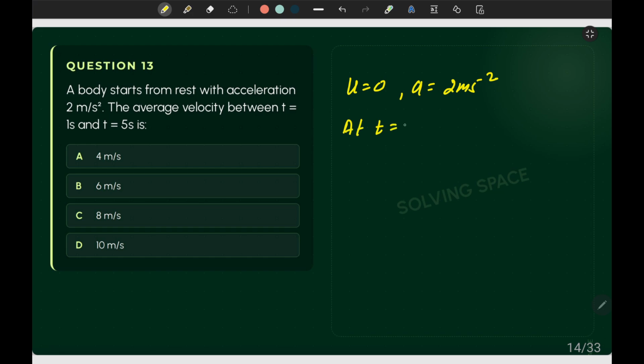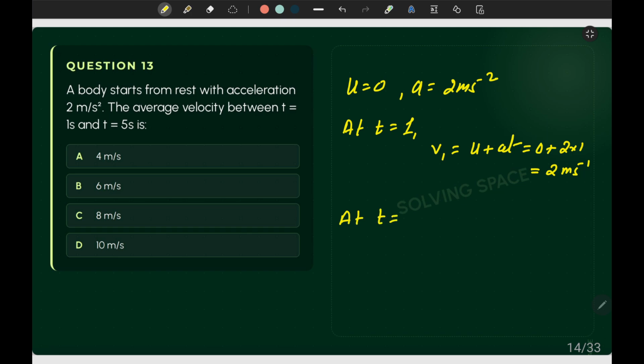At t equal to 1, its velocity will be u plus at, that is 0 plus 2 into 1, 2 meter per second.